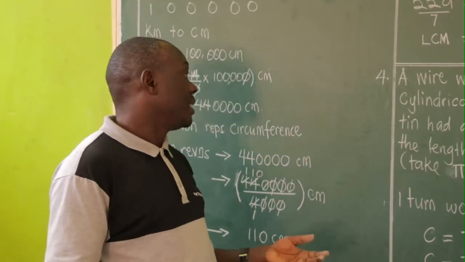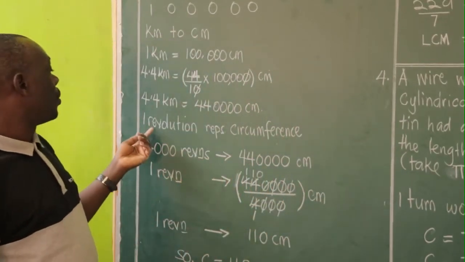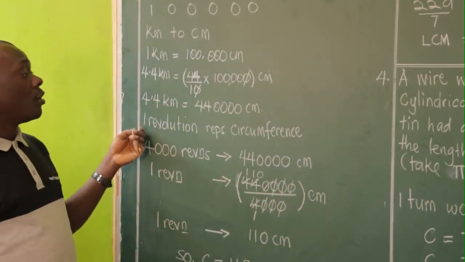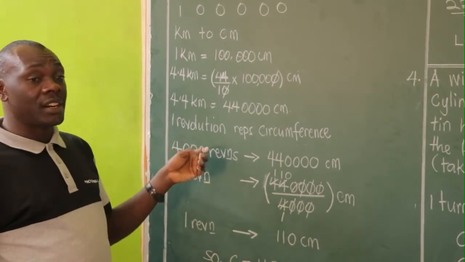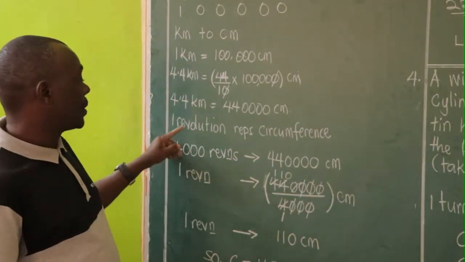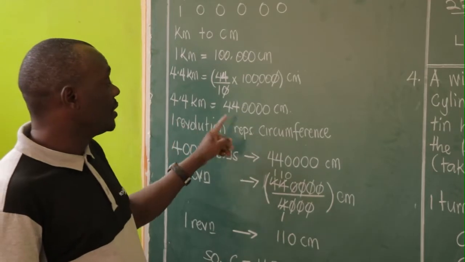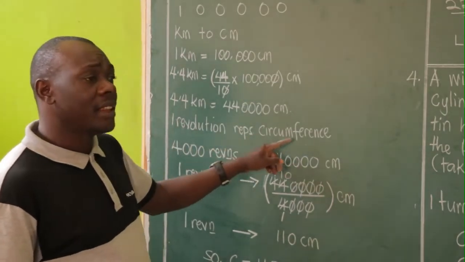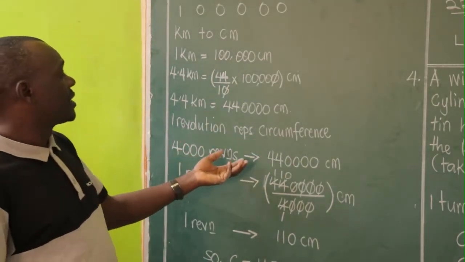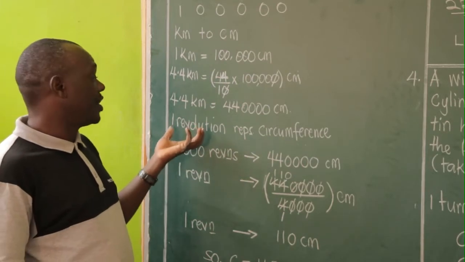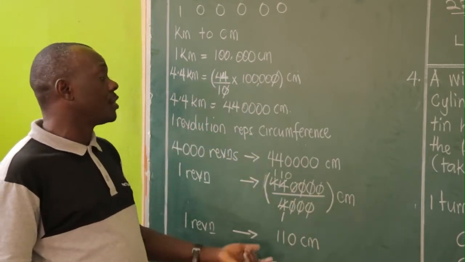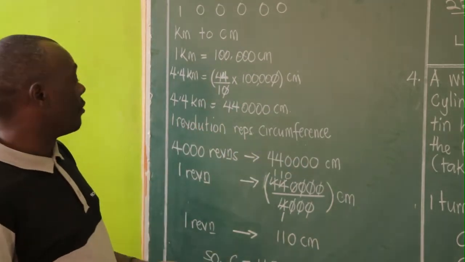Now, we know a revolution means the distance around this car tire, which, being circular, is called circumference. So you relate the word revolution to circumference to go mathematical. Say 1 revolution represents circumference, meaning the moment I get the journey done in 1 revolution, I'll baptize it circumference.